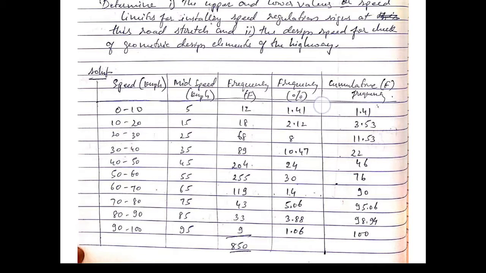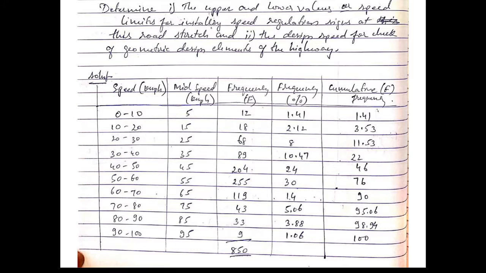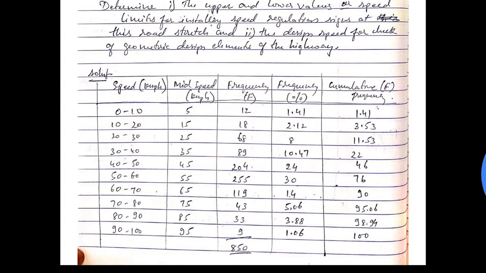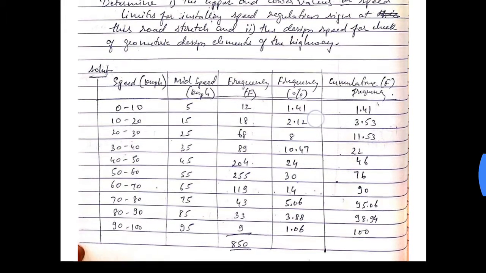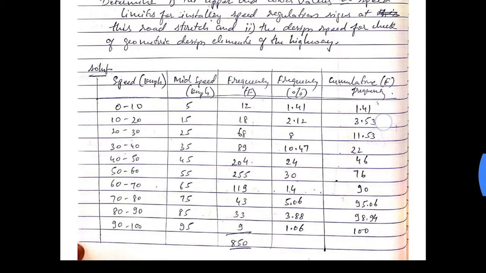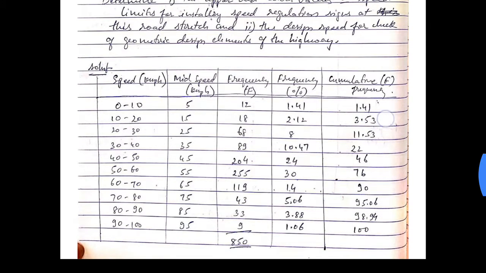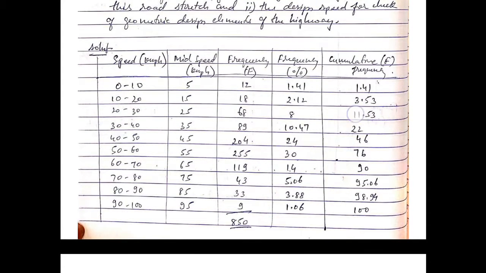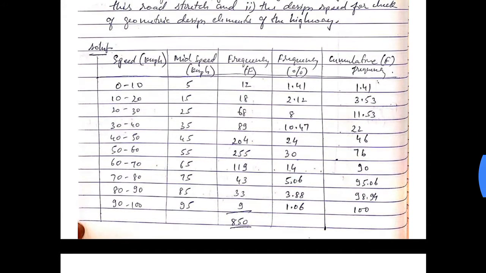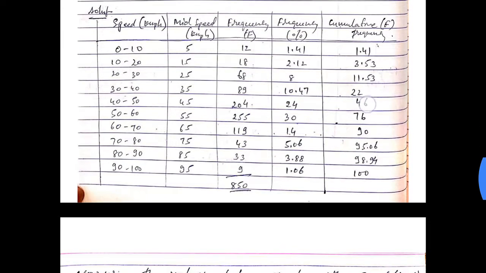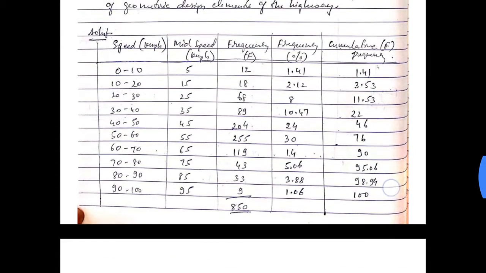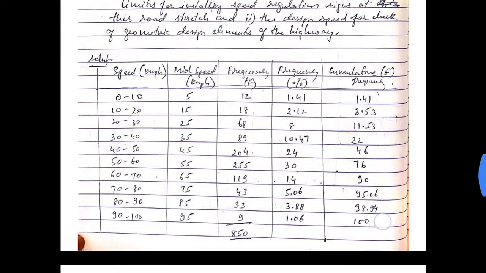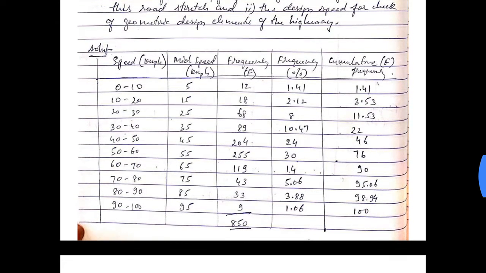The first value will remain the same. The second value is 1.41 plus 2.12, which is 3.53. Now again 3.53 plus 8 is 11.53. Then 11.53 plus 10.47 is 22. Similarly you can do it for all of these. The check is that you should get 100 as the last value.